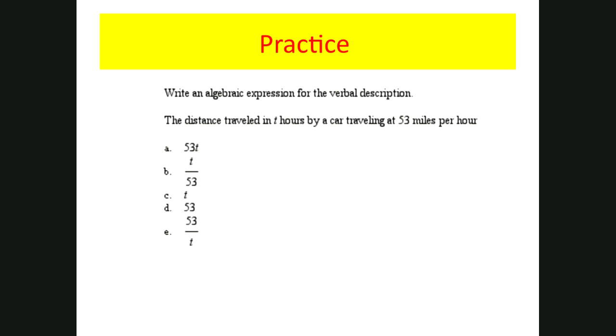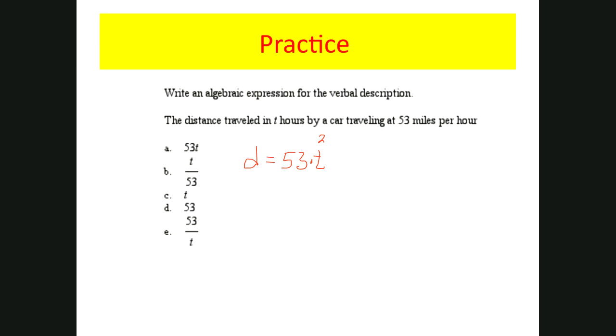Now here it says, write an algebraic expression for the verbal description. And this is another practice problem. The distance traveled in T hours by a car traveling 53 miles per hour. 53 miles per hour, distance traveled, in T hours. So I would go D is equal to 53 times T, because if I drove 2 hours, 53 times 2 is 106, that means my distance would be 106 miles.